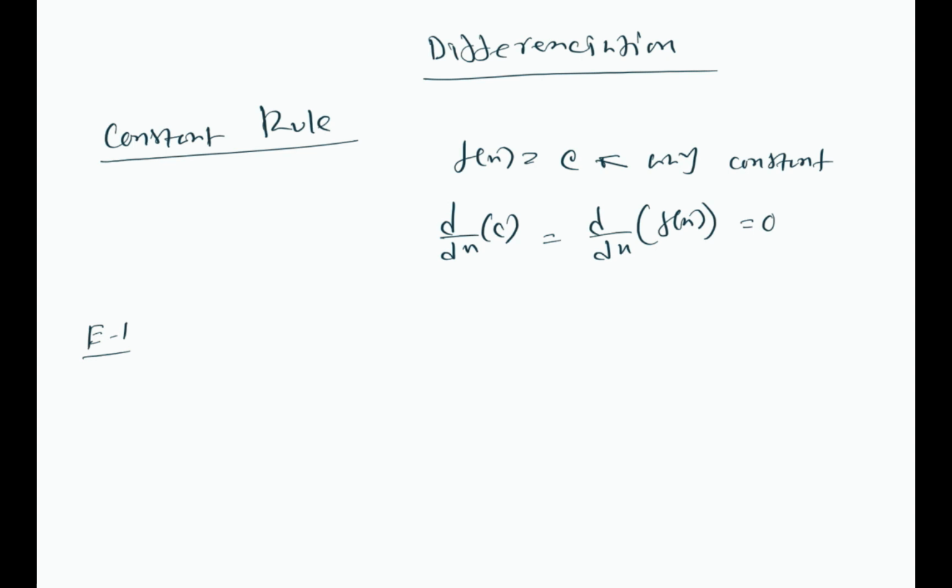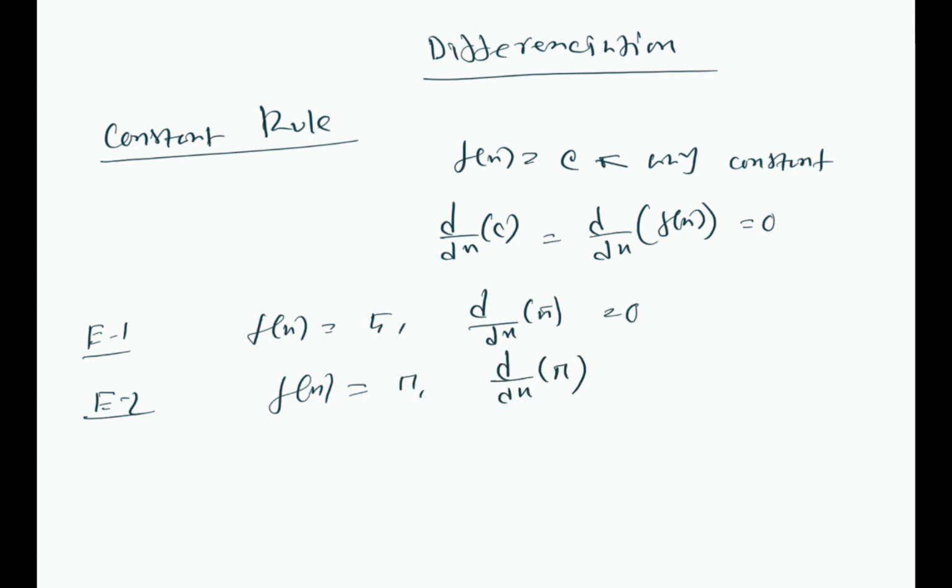Example 1: let's say we have a function f of x is equal to 5. According to this rule, the derivative of 5 is 0. Example 2: our function for this example is, let's say, pi. You know pi is a number, so the derivative is also 0.